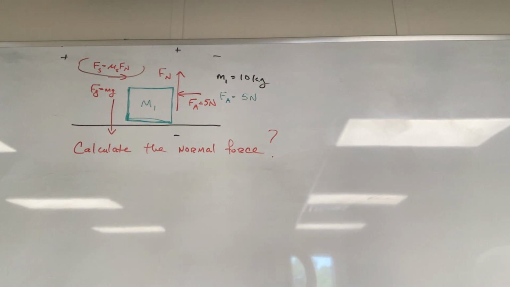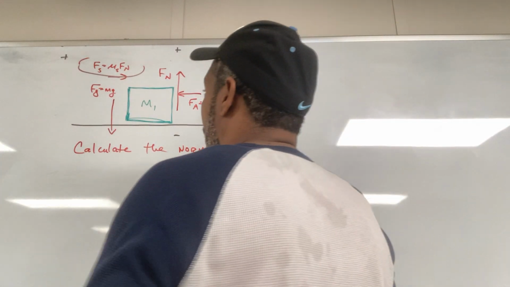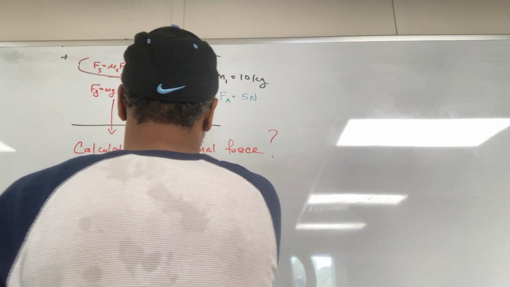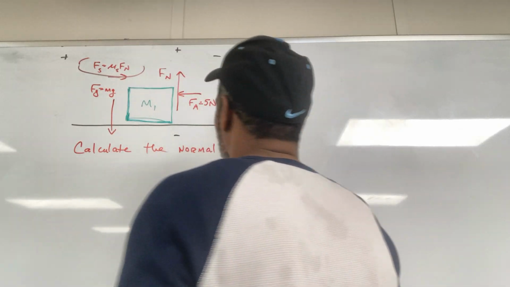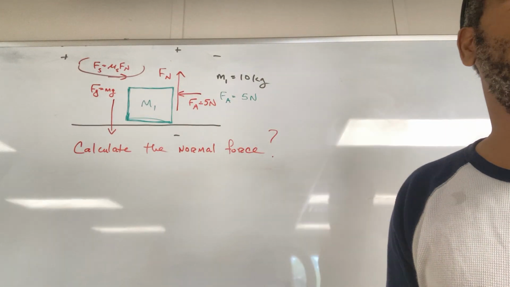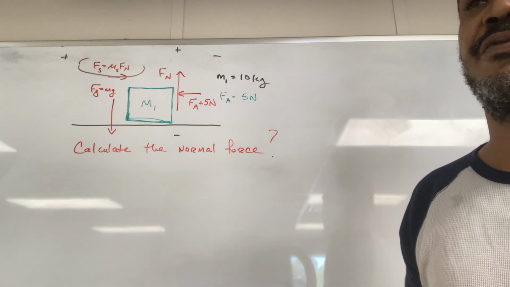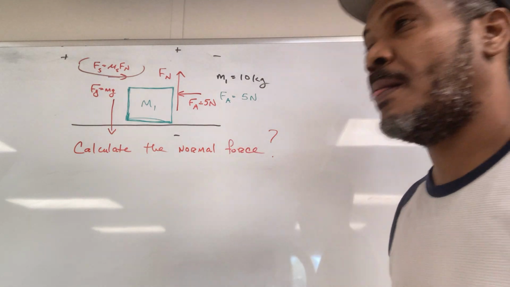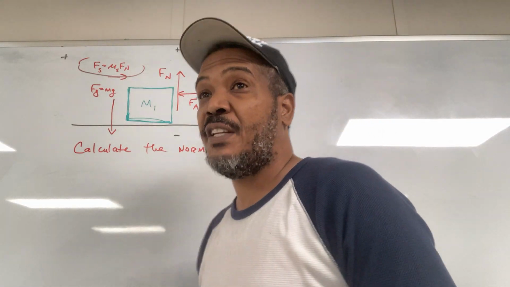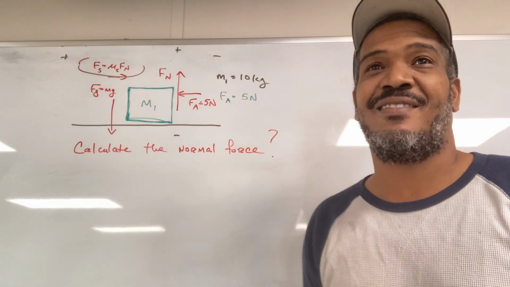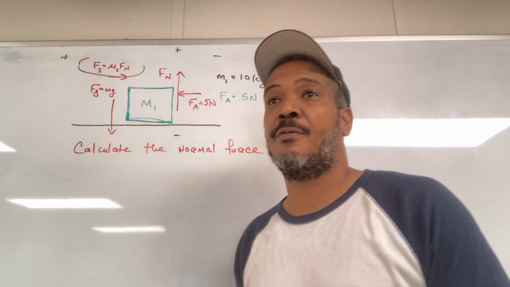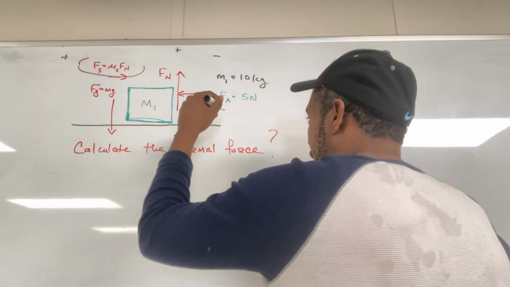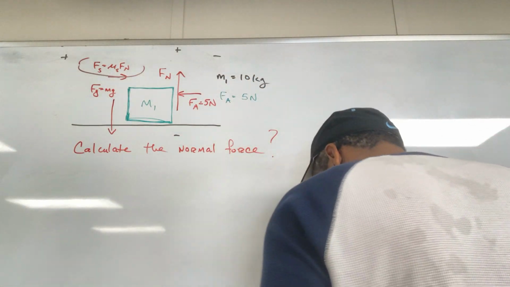And then we're going to add a larger applied force, because I think 5 newtons is probably too small to move a 10 kilogram box. I just know that from experience. But if we put 50 newtons applied force, that box is going to move. So let's change our applied force to 50 instead of 5.